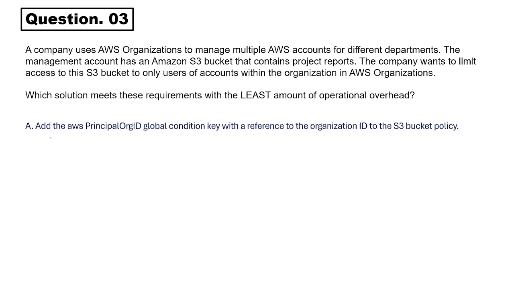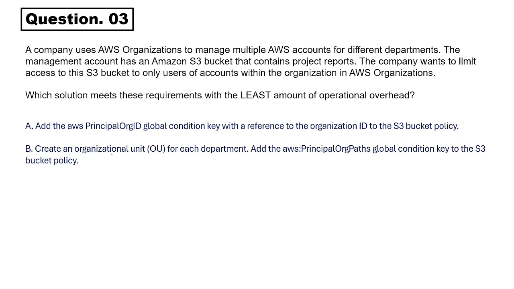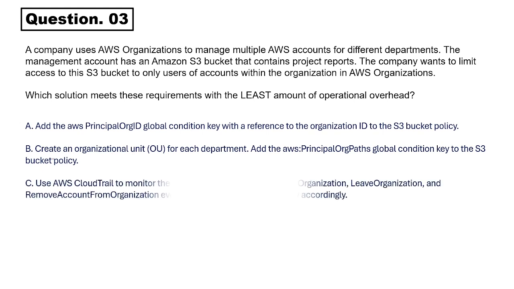Here are the options. Option A, add the aws:PrincipalOrgID global condition key with a reference to the organization ID to the S3 bucket policy. Option B, create an organizational unit for each department. Add the aws:PrincipalOrgPaths global condition key to the S3 bucket policy.